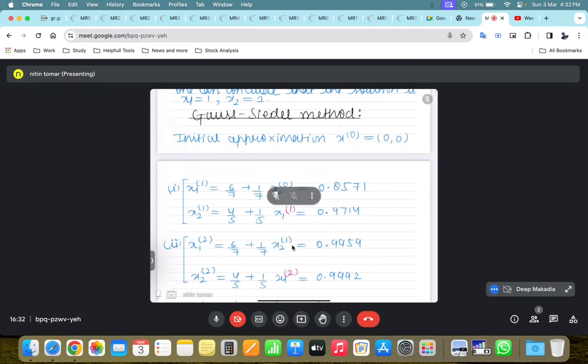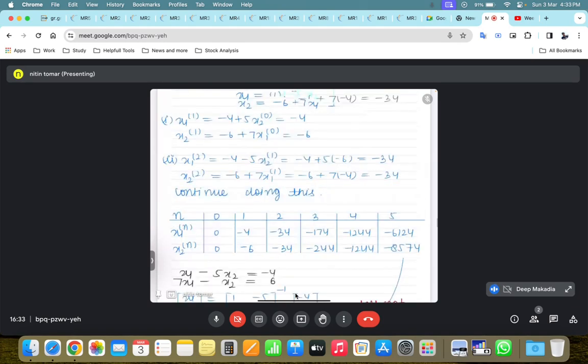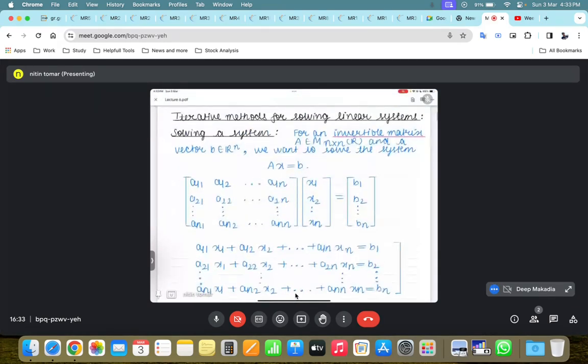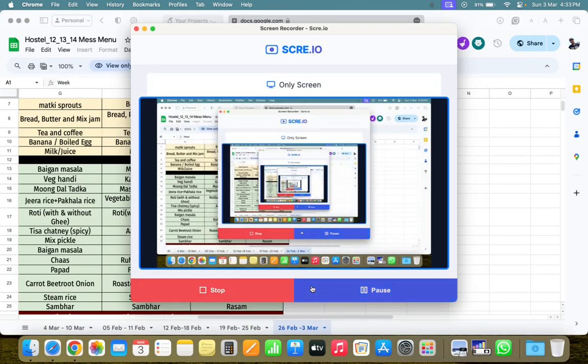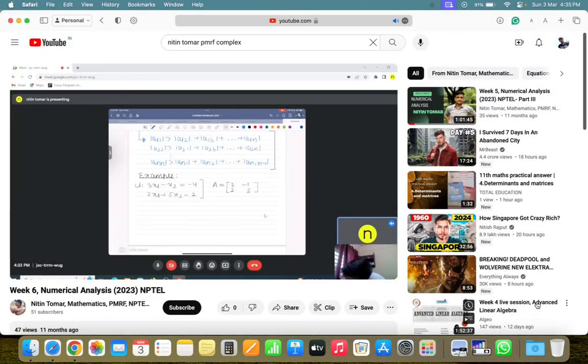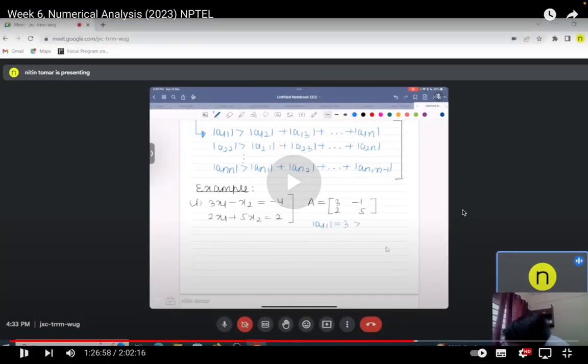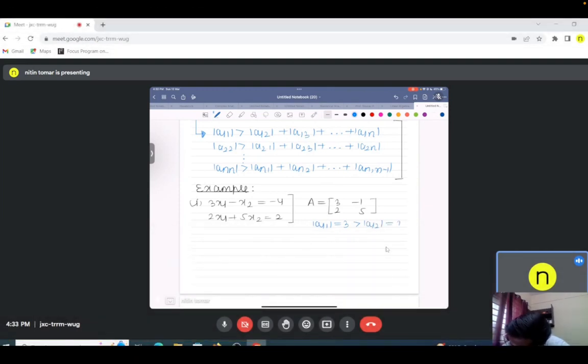So here today what we saw is the Jacobi and Gauss-Seidel method. Matrix, right? Because mod A11 is 3, which is greater than the sum of the other entries, because it has only one entry other than this, so it is 1.